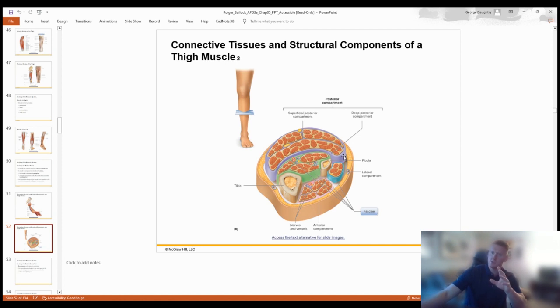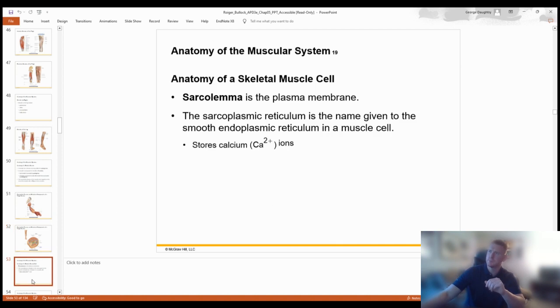I think this is just letting you know that it's very compartmentalized. We have this big superficial component that's holding everything together. Know that that's the function of connective tissue more often than not. It is connecting multiple muscle bellies, and it's keeping everything relatively close to the tibia and our lateral compartments.